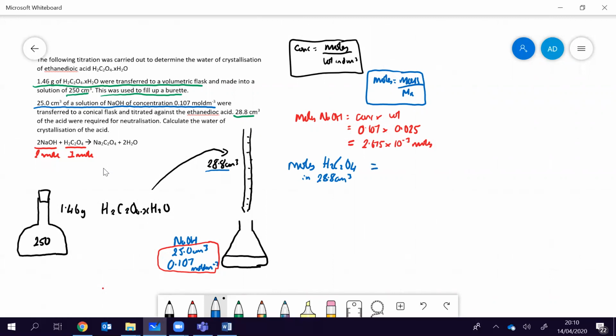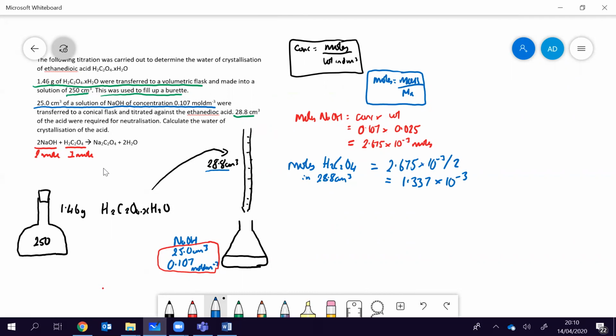Right, the moles of the acid is going to be half of that. (1.337) times 10 to the minus 3.